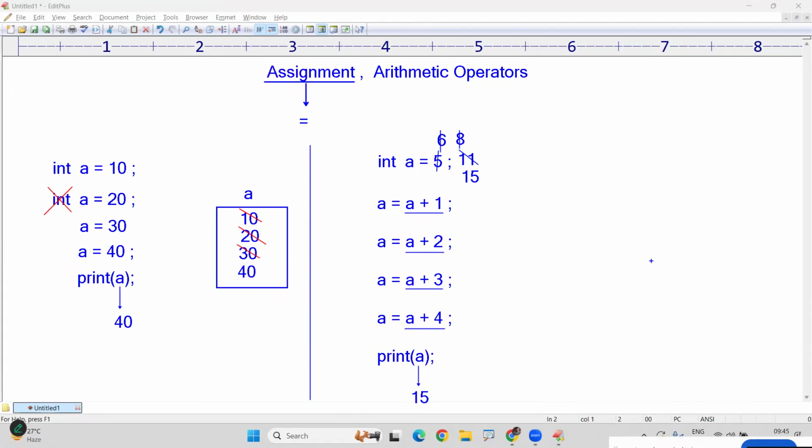These are the basic programs just to explain how the values are changing in variables. Values are not constants in variables. You can change the value by doing some operations on that.